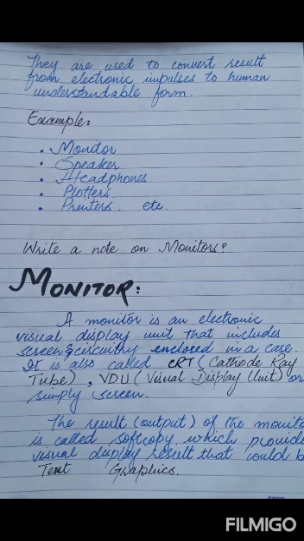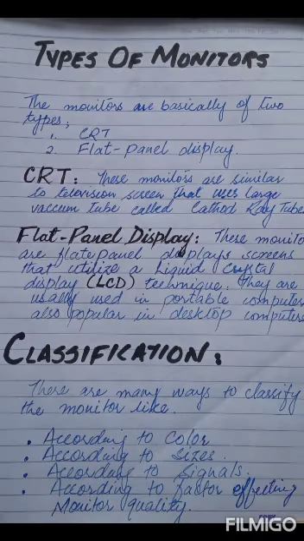Next, the result output of the monitor is called soft copy, which provides visual display result that could be text or graphics.